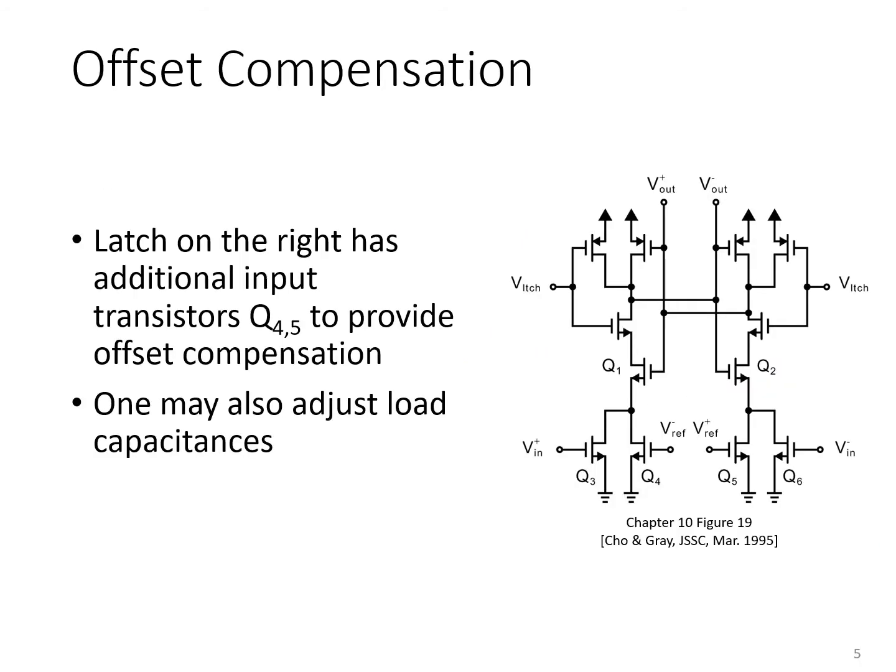I mentioned this earlier, but an alternative strategy to try to design the latch to have very low offset is to provide a facility whereby the transistor's offset can be trimmed.